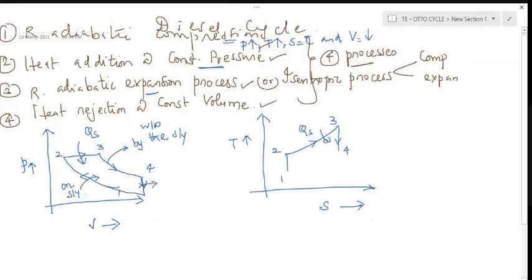Here heat rejection takes place, so temperature also gets decreased. So this is the PV diagram and TS diagram for a diesel cycle. I hope all of it is clear, right?